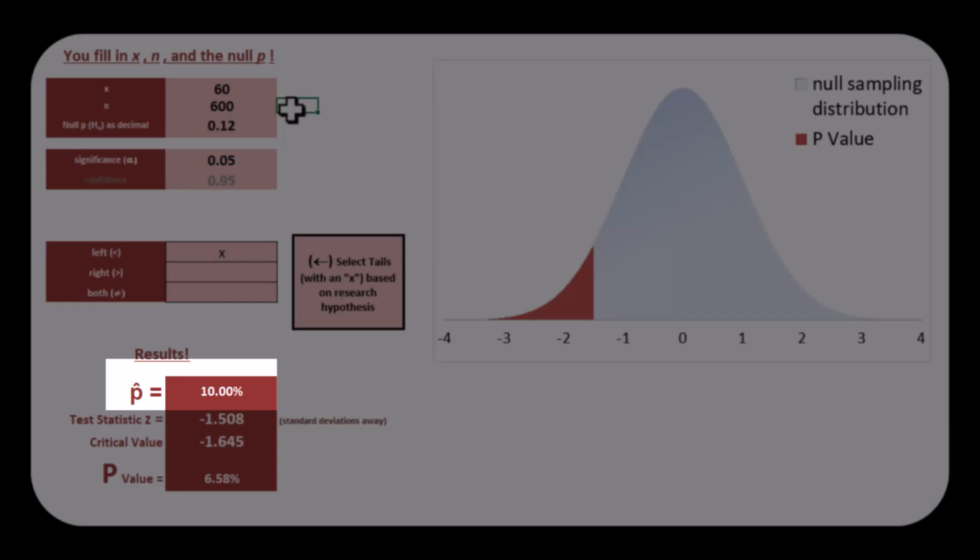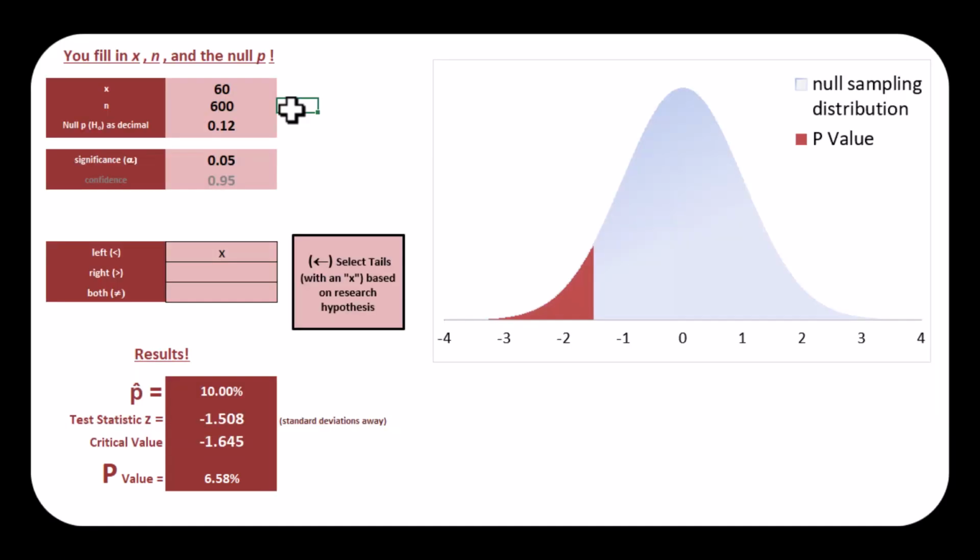But now please notice the p-value got smaller. It's still not below 5%, but it's gotten smaller because the drop in the rates of those getting flu, the 10%, now looks more significant than it did before.